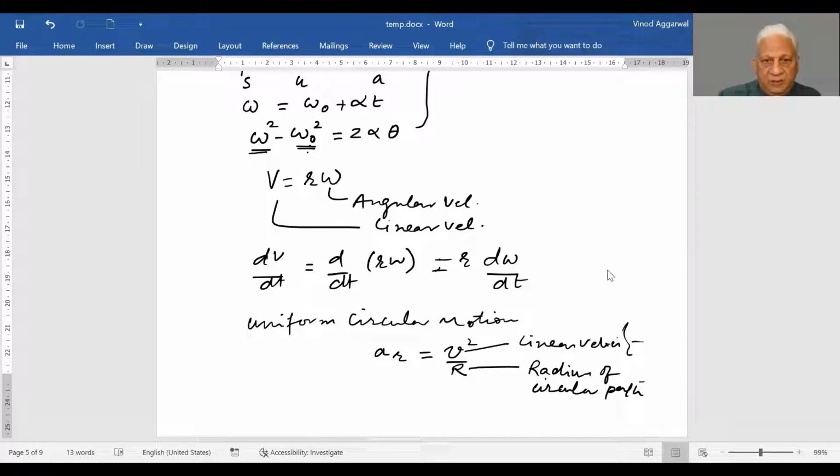If that is the case, then acceleration is given by this, and the direction of acceleration is towards the center, meaning thereby a body rotating in a uniform circular motion with velocity v, radius r, will have an acceleration equal to v square by r, and its direction will be towards the center.